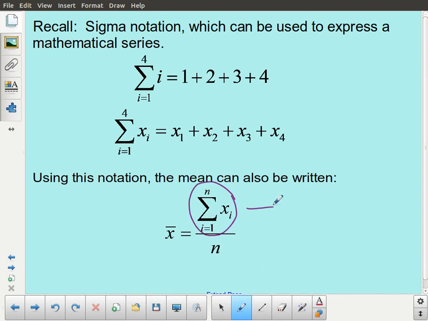This part on the top is just what we had written before. It's actually the same as this part right here, except it's extending out. So that would be x1 plus x2 plus x3 plus, and so on until we reached the last value, which would have a subscript of n.